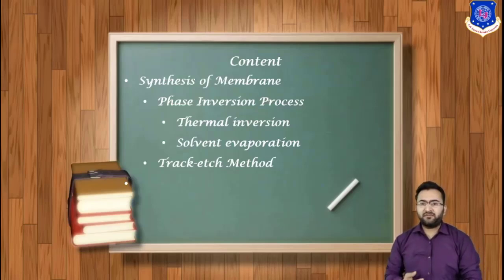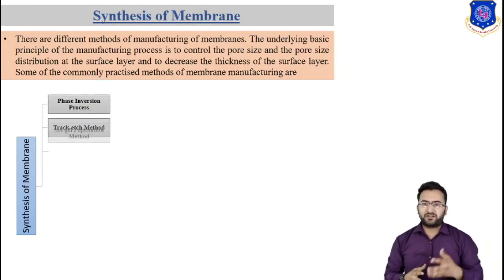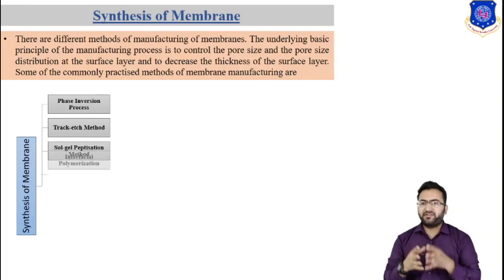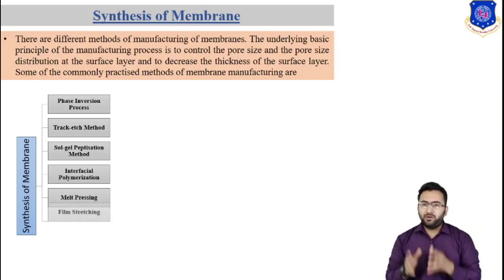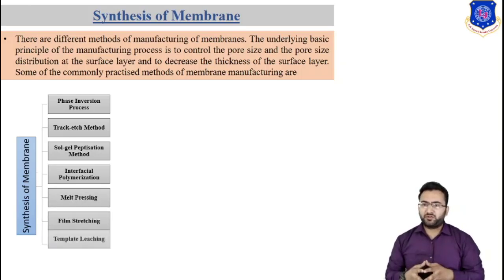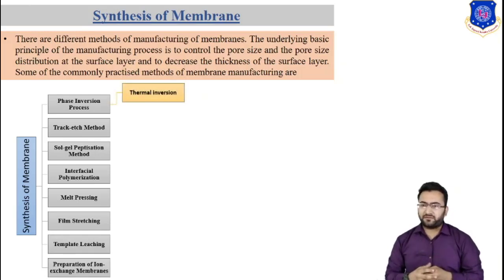So let's first start with various methods of synthesis of membrane. There are different methods of manufacturing of membrane. The basic principle of the manufacturing process is to control pore size and pore size distribution at the surface layer and decrease the thickness of the surface layer.